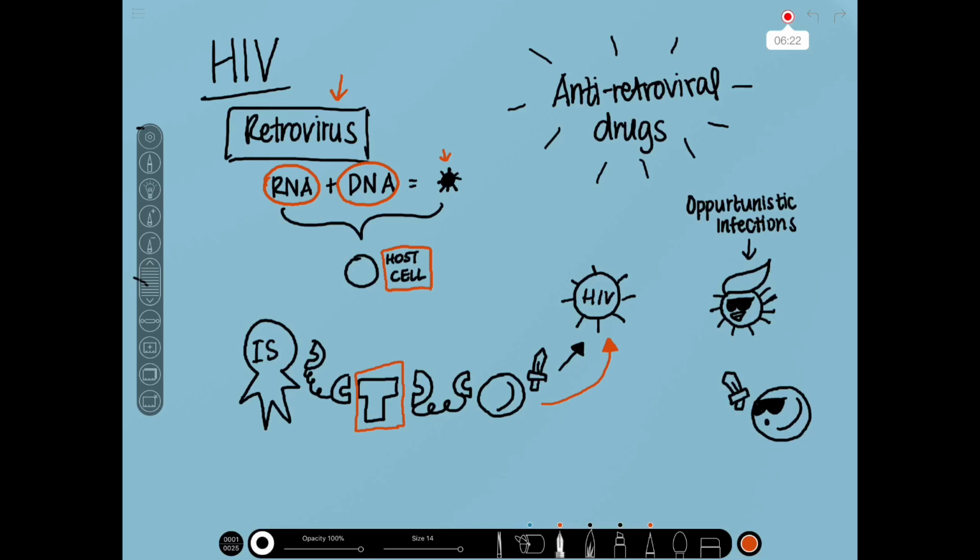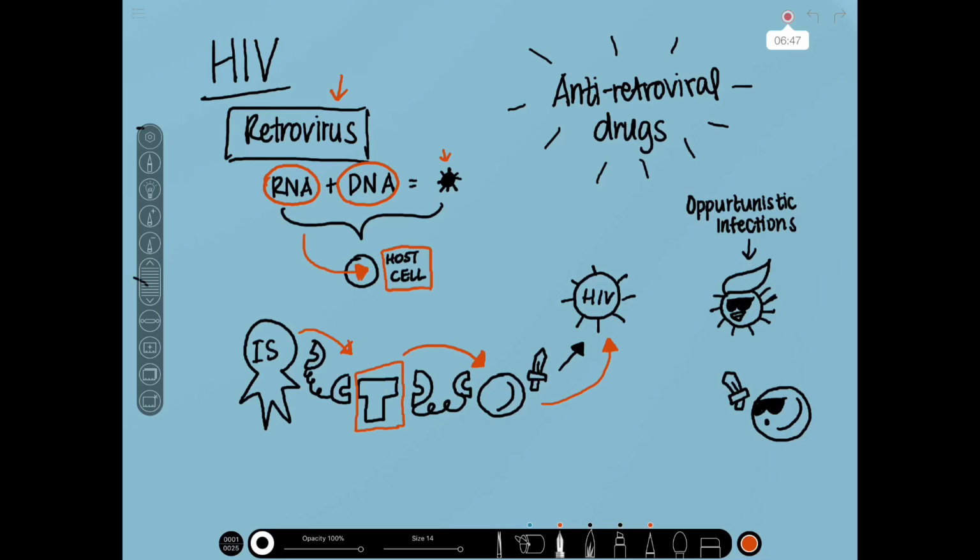So in this case, HIV is a retrovirus. Once it comes into a host cell, our immune system will immediately call the T helper cell, which will make and produce antibodies that will fight off HIV.